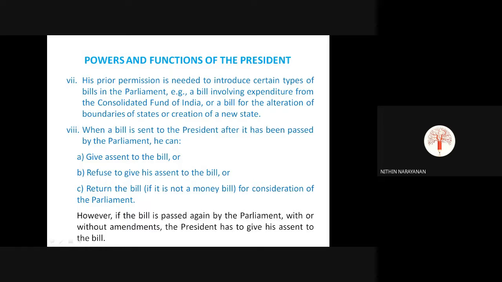Whatever he has done, the parliament can amend it, or without amending it, they can pass the bill once again, and at that time the president will be forced to give his assent to the bill. Okay. So finally, what happens? Whatever bill is passed in the parliament, it will be passed on to the public.